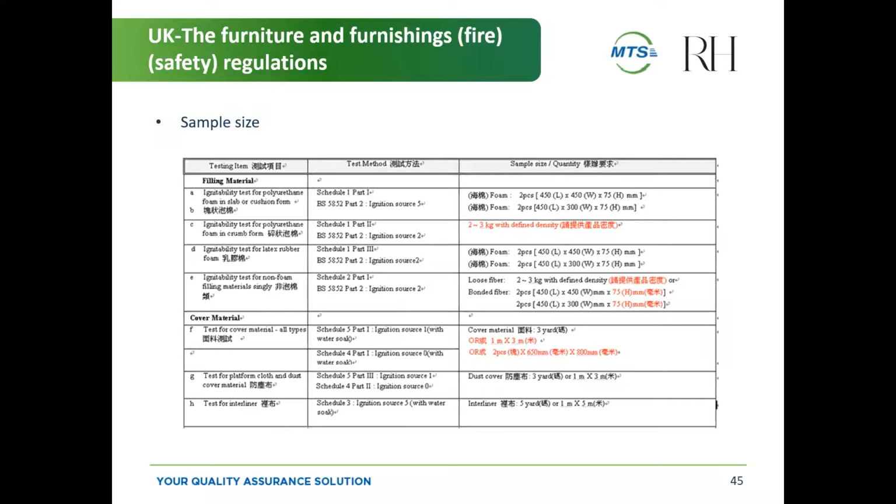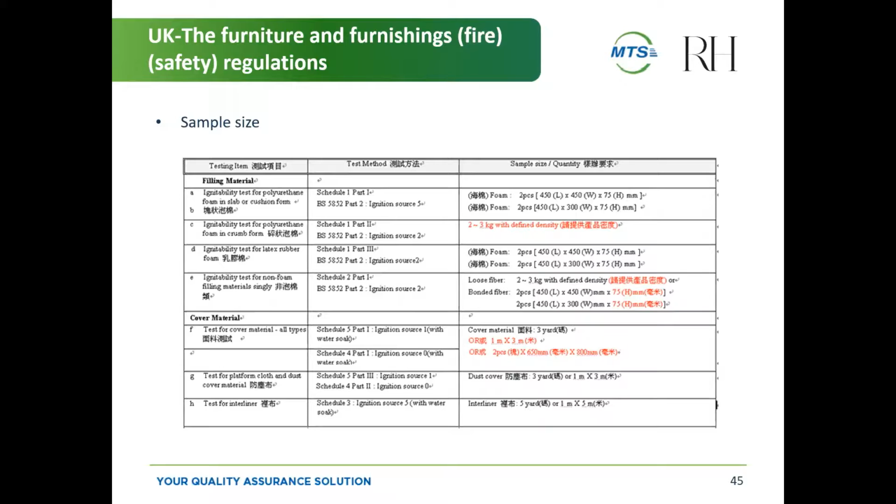It's just some general notes on your sample size and the ignition sources. It covers whether they're for polyurethane foam, whether it's in a slab or cushion form, or in a crumb form. We would be applying different test methods to it, and different ignition sources, whether 1, 2, or 3, would be applied.